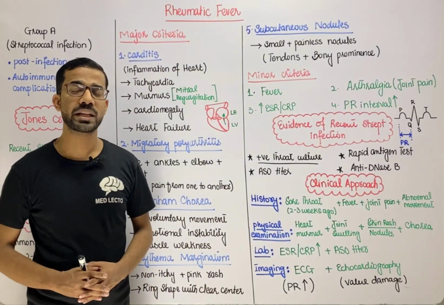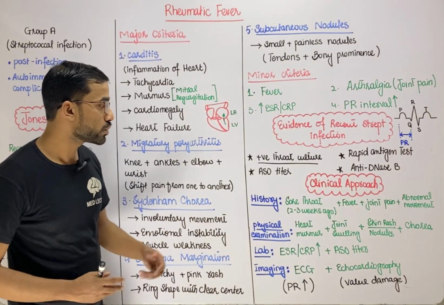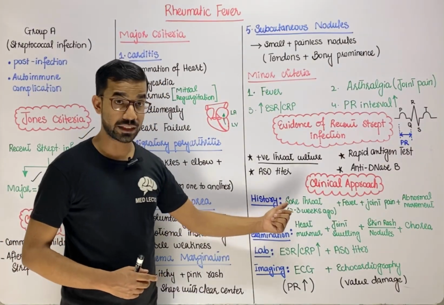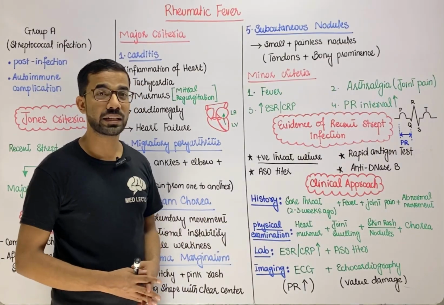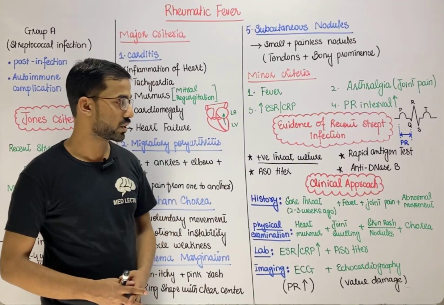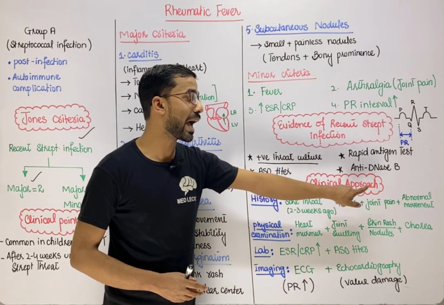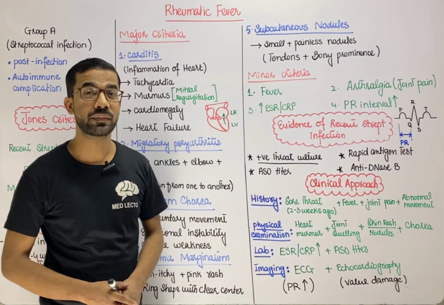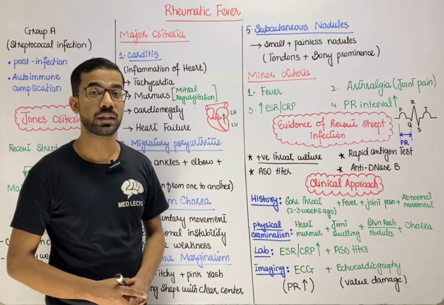So if we summarize what we have to see in the diagnosis of rheumatic fever, in the history, you will take the sore throat history, that is pharyngitis, and it can be a sore throat infection from 2 to 3 weeks ago. And you can also take the history of fever, joint pain, and abnormal movement, specifically related to Sydenham chorea.